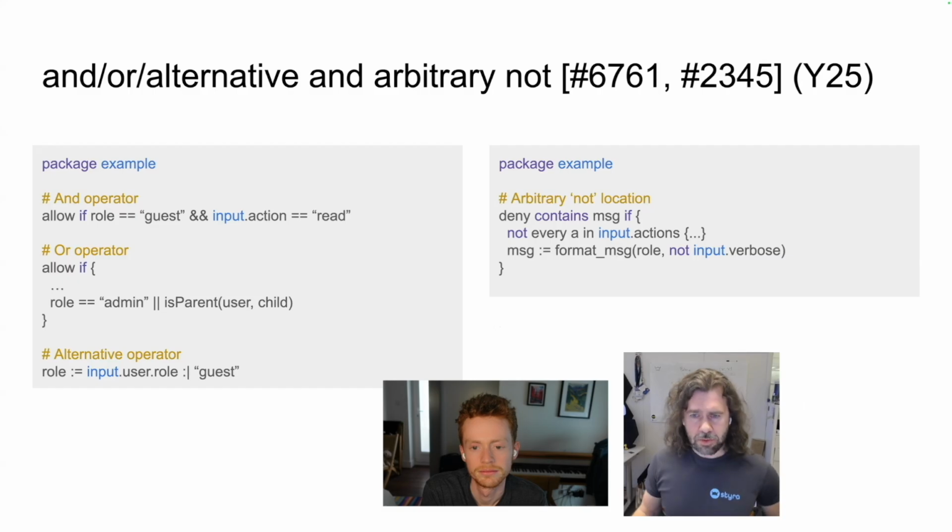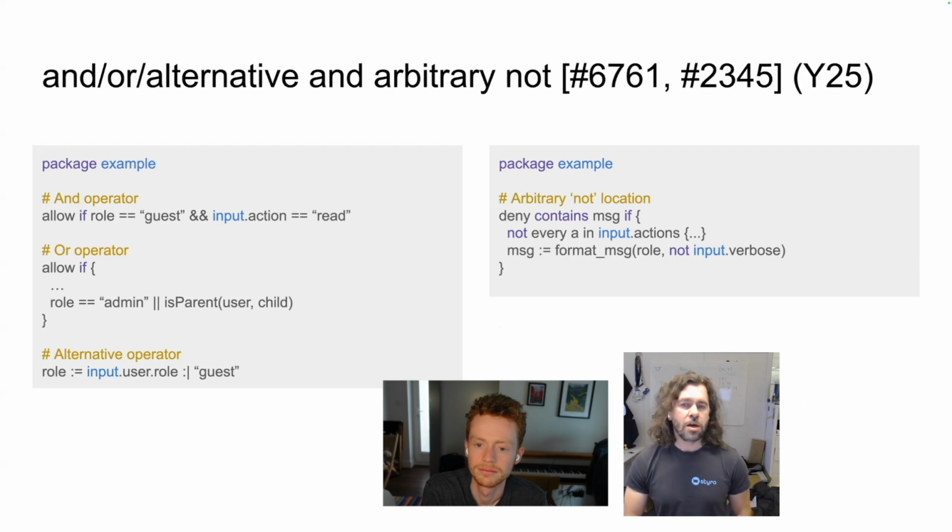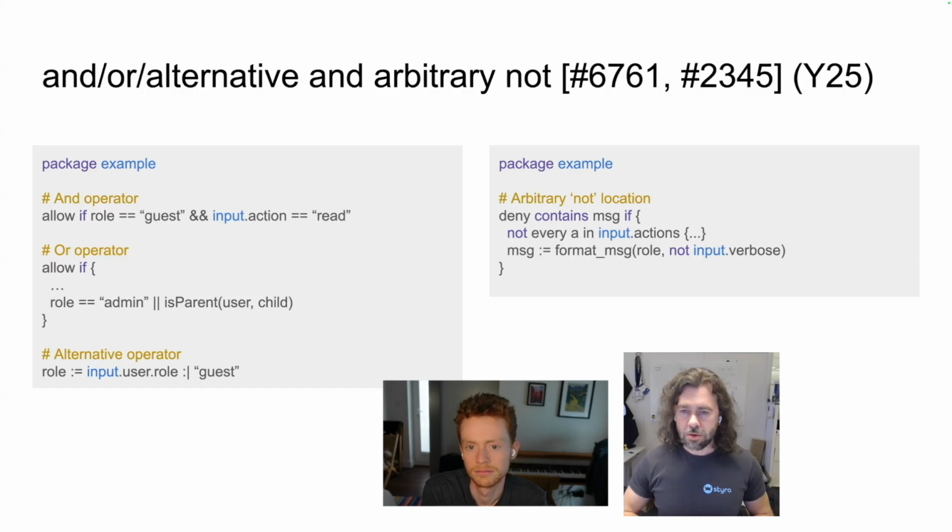Moving on within the same category is arbitrary not locations. What do I mean by that? Basically, today, the not keyword is a way for you to say that I expect this variable to either be false or to not have an assigned value, to be undefined. We are currently a bit limited in where you can use this not keyword, and we just want to make behavior a bit more expected.